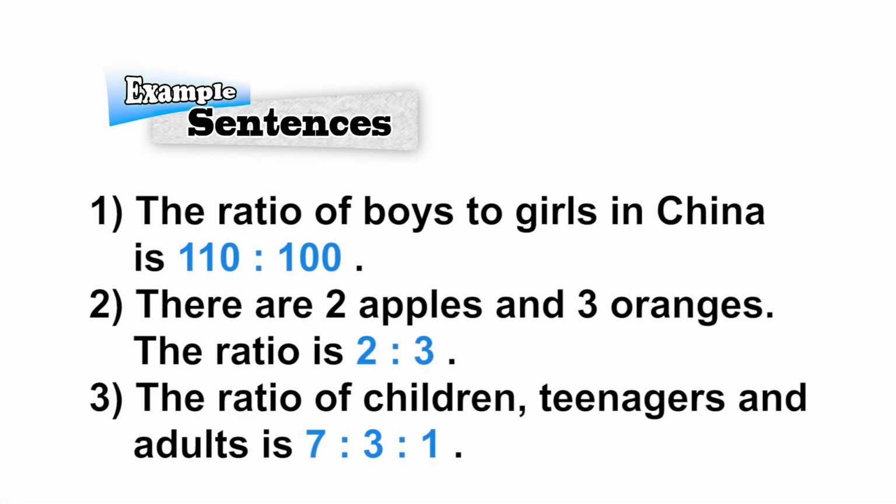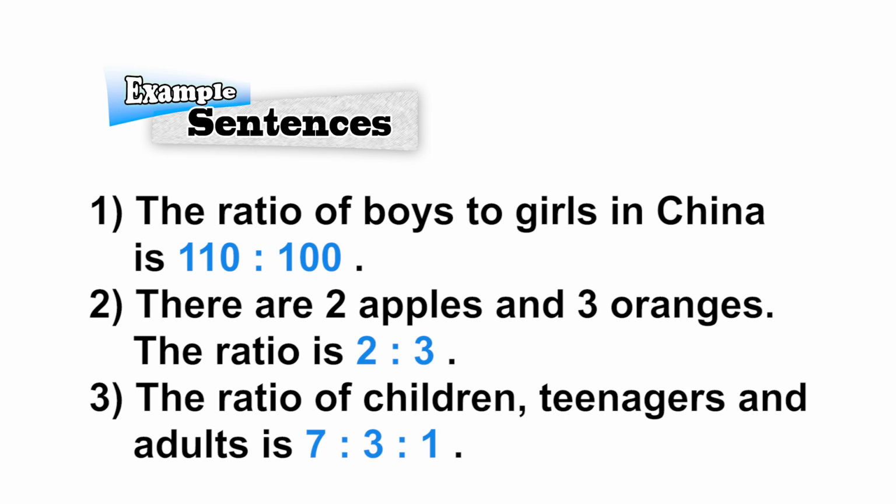All right, let's look at the first ratio example. The ratio of boys to girls in China is 110 to 100. The next example.